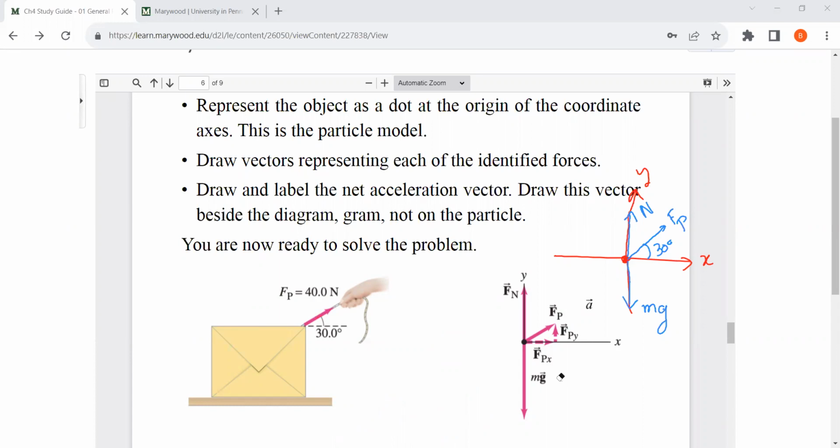So we normally draw a perpendicular line on the horizontal axis, and this is parallel to the y-axis. This is our y component, Fpy, and this is Fpx.